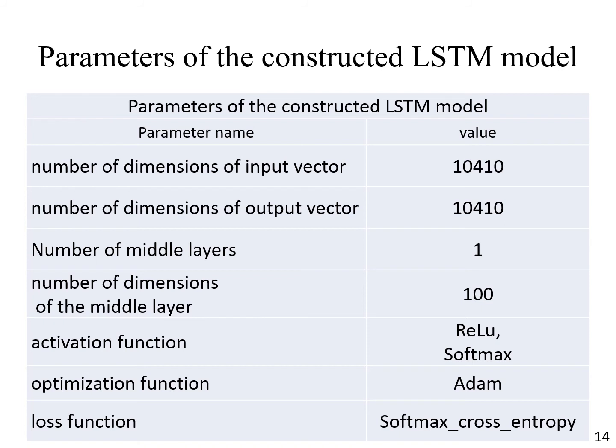The activation function is a ReLU function in the middle layer. It is the softmax function in the output layer. The optimization function is the Adam function. The loss function is the softmax cross entropy function.